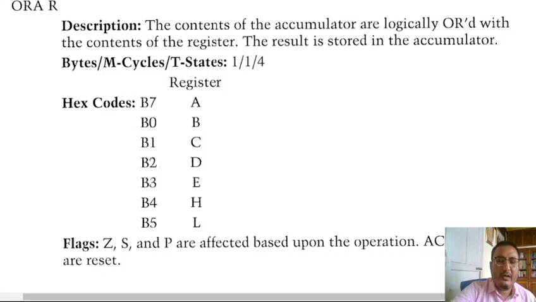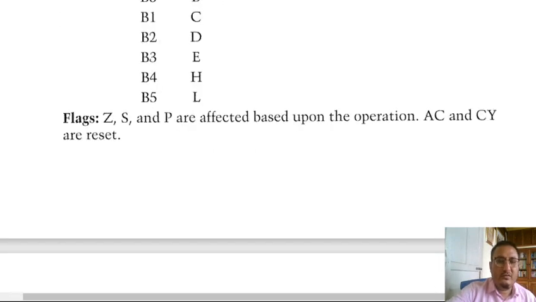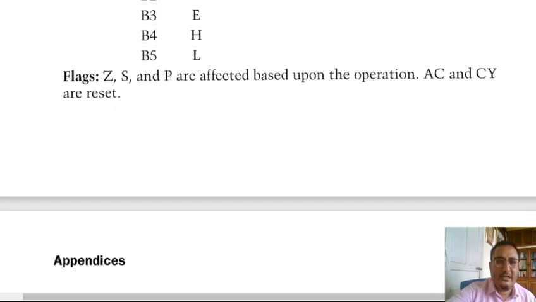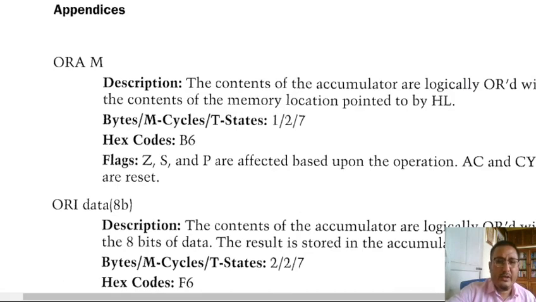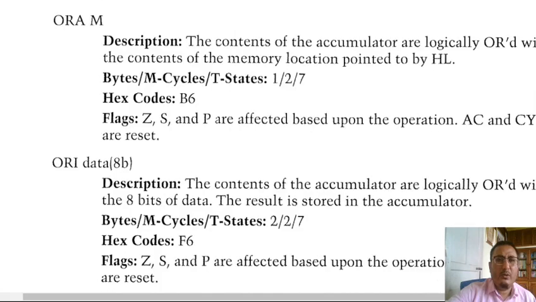It requires 1 byte, 1 machine cycle, and 4 T states, and the associated hex codes with the register combinations are given for your perusal. Zero flag, sign flag, parity flags are affected based on the result of the operation, whereas carry flag and auxiliary carry flag are reset.